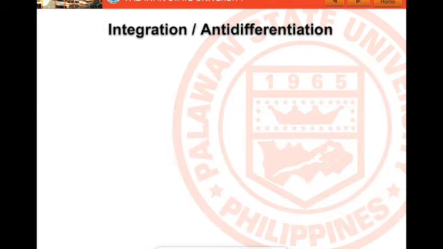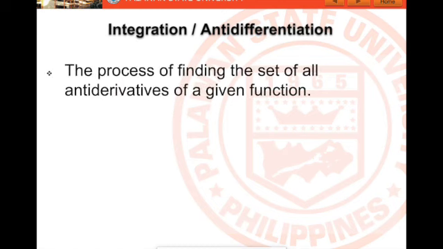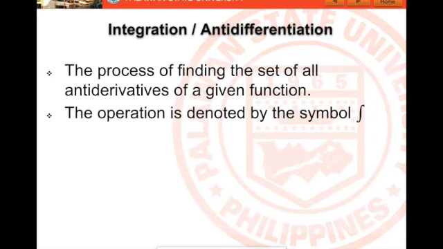Okay, so now let's go to what is anti-differentiation or integration. This is the process of finding the set of all the anti-derivatives of a given function, and it is denoted by this symbol.